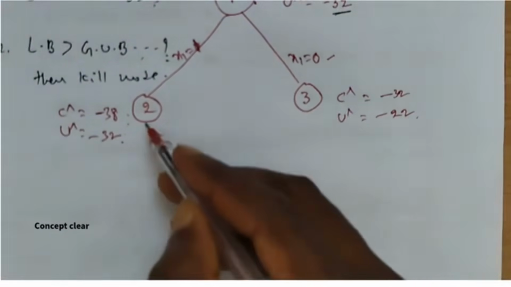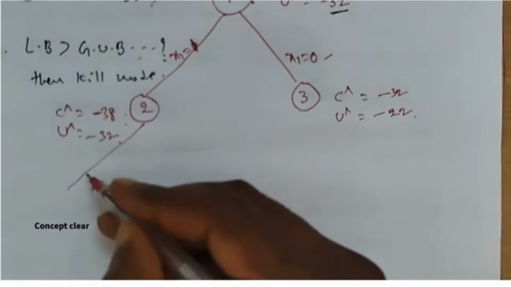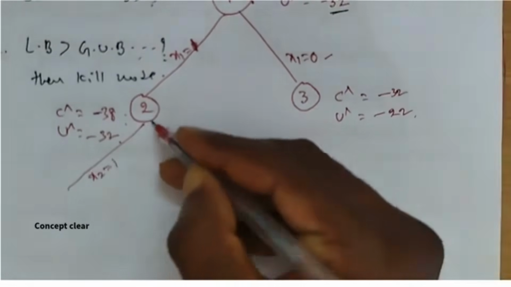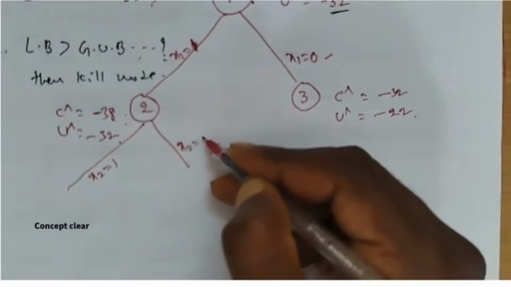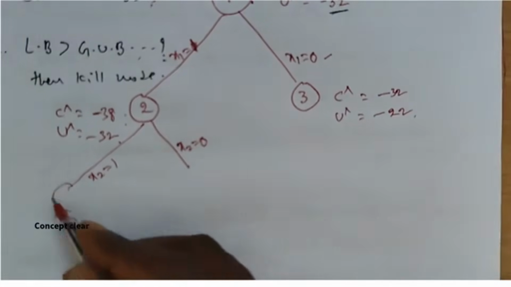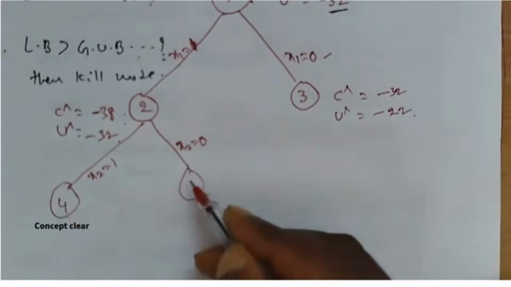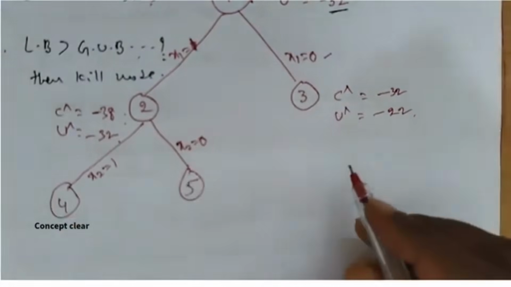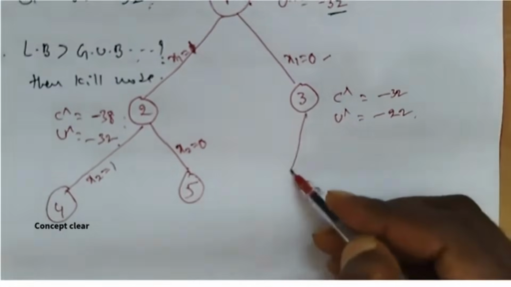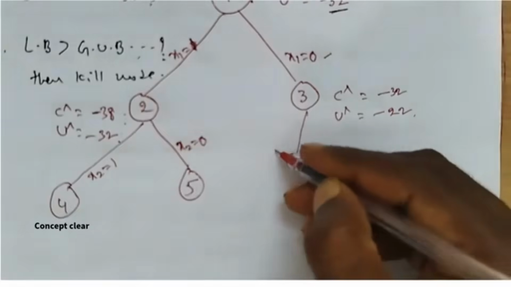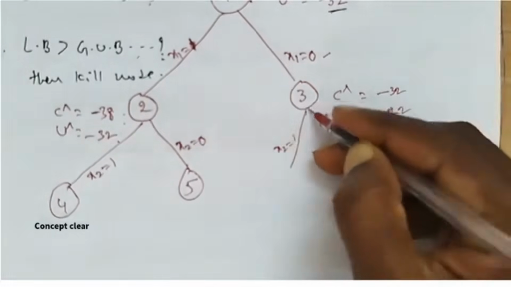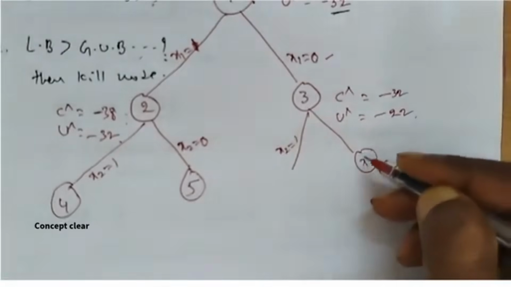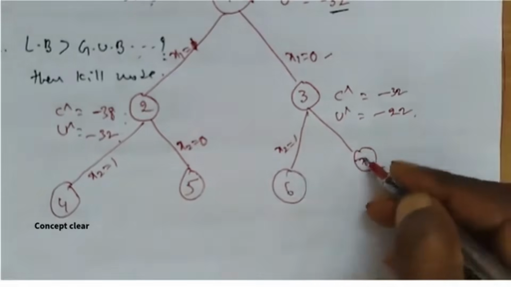So we have to expand each node here. Here we have to expand x1 equals 1, x2 equals 1. Here x2 equals 0. If you expand this one, we will get 4. If you expand here, 5. And the same here at the same level, x2 equals 1. Here it is 6, it is 7.